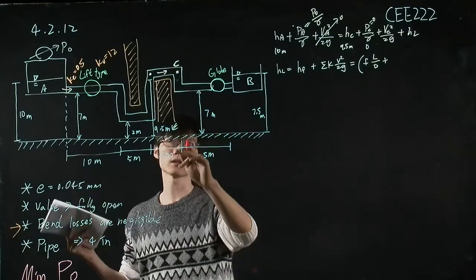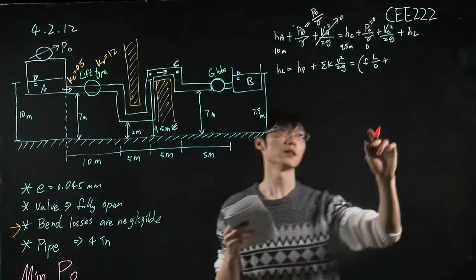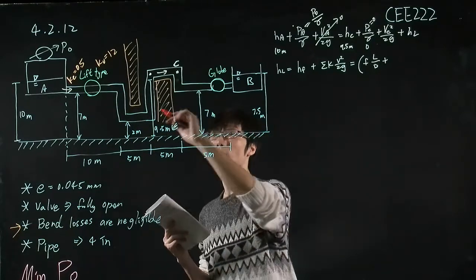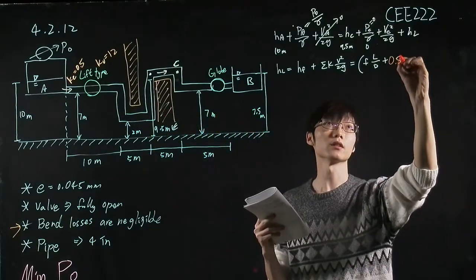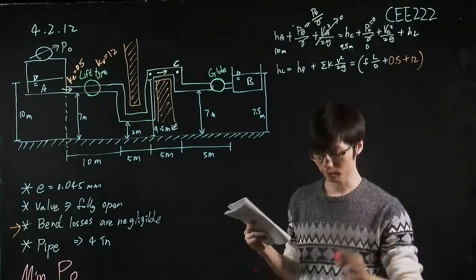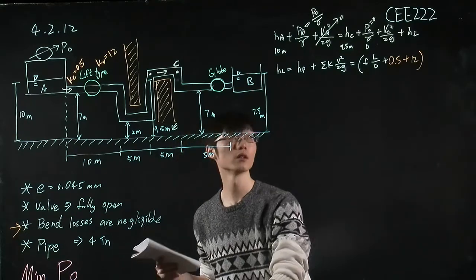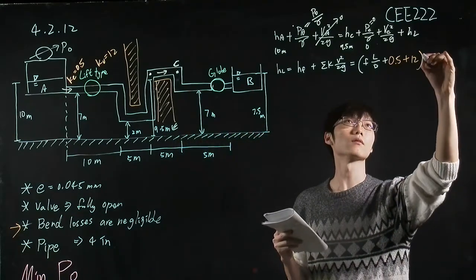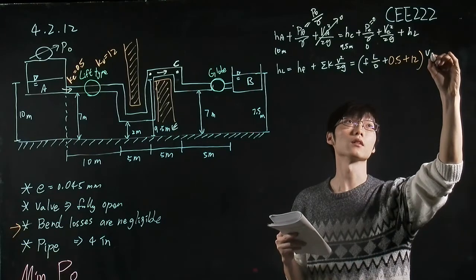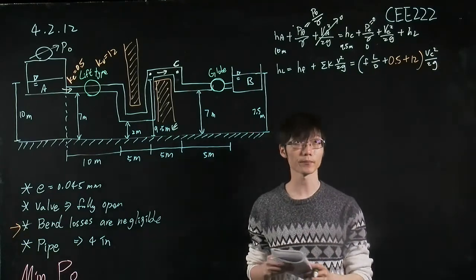Okay, it seems like before this point we only need to consider KE and KV. So we just write down those terms, plus 12 here. And this is the velocity term.